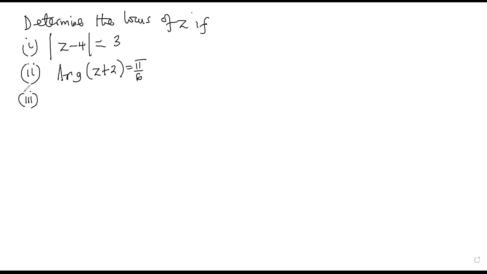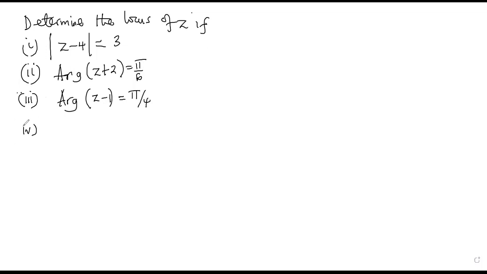Roman 3, argument of z minus 1 is equal to pi over 4.